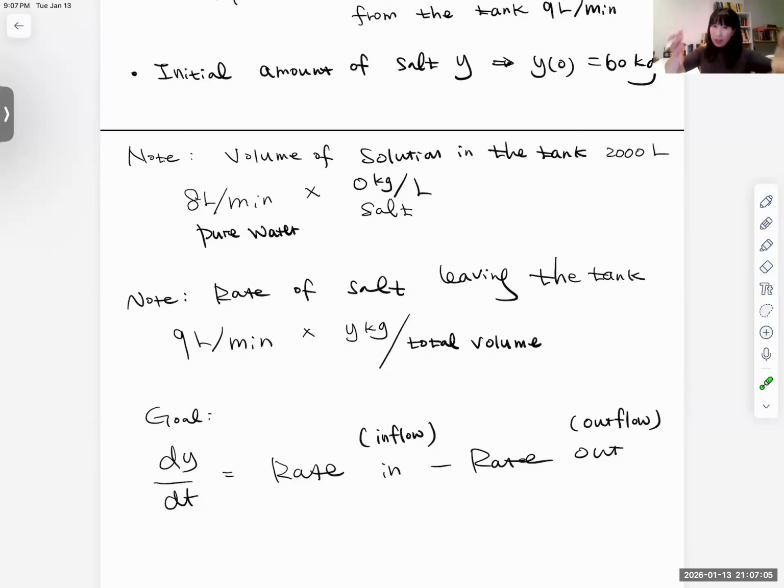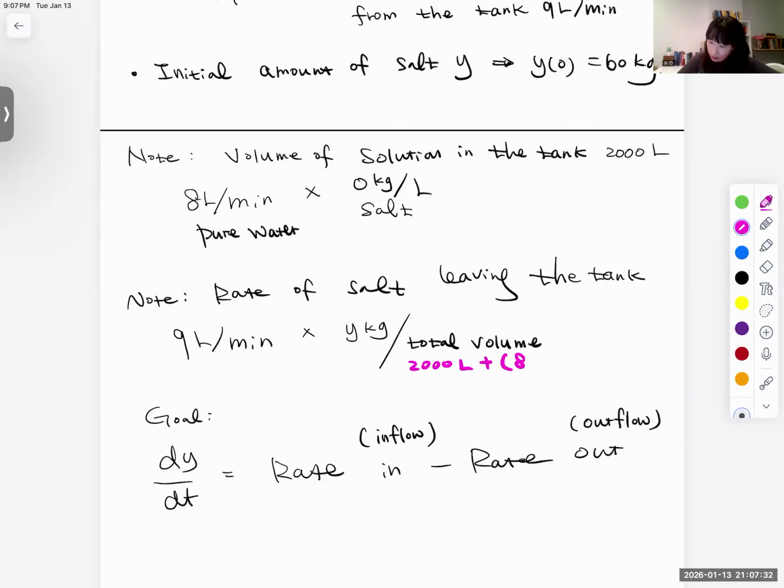It was 2000 liters in the tank, and we pour in the pure water, plus 8 liters per minute, and then drain 9 liters per minute, right?